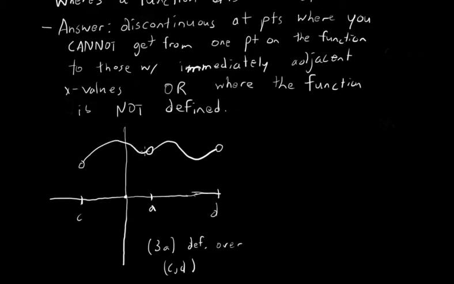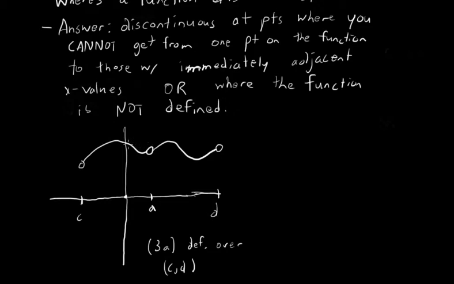But when we get to point A, we have a hole where this function is not defined, so we have to lift our pencil off the paper till we get to the right side of point A, after which we can get to the adjacent values without having to lift our pencil off the paper.